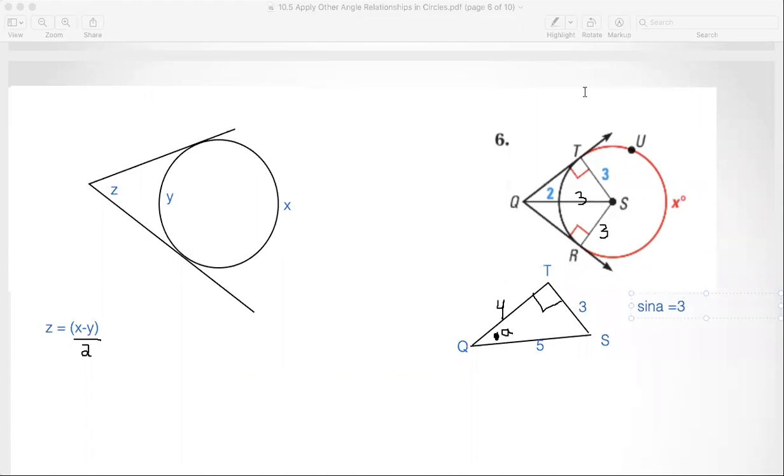Sine of angle A is 3 divided by 5. Now remember, to get the actual angle, that's when you have to use inverse. So we're actually going to do sine inverse. So sine inverse of 3/5 should give me angle A.